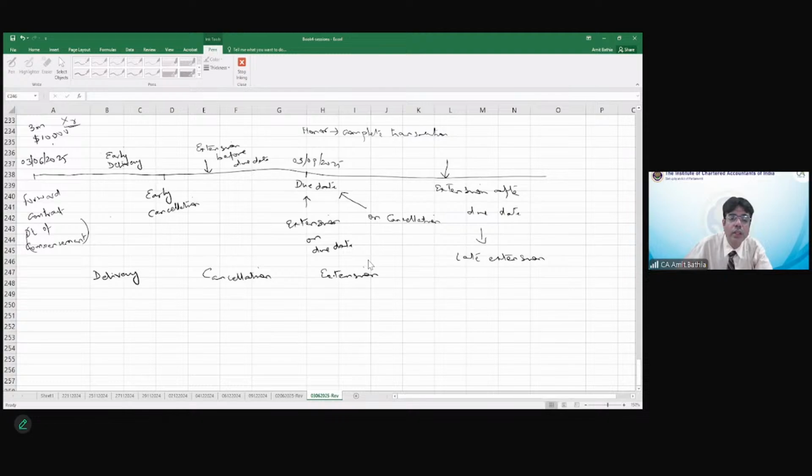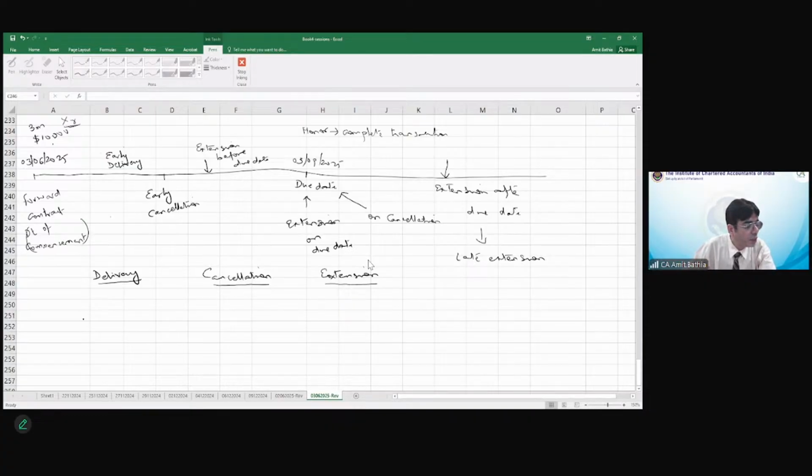From the situation we see over here, over the entire possible lifetime of events which may happen over the entire life of the forward contract, what are the different possibilities? We have these three options, right? Delivery, cancellation, extension.